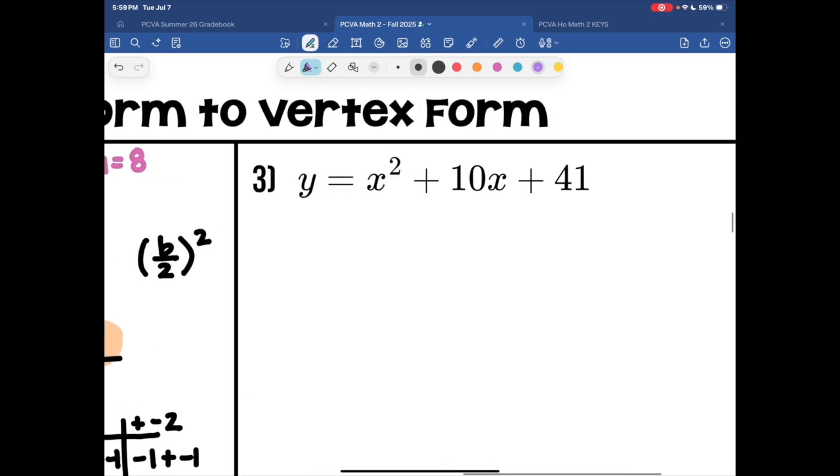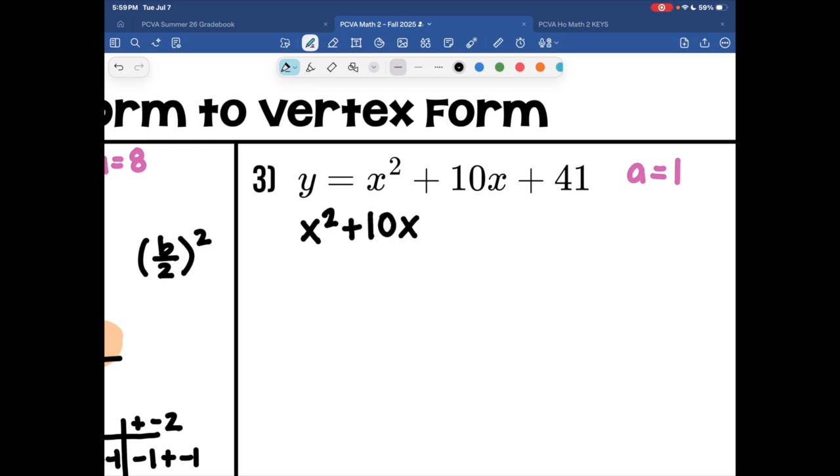All right, so for this one right here, we have x squared equals 10x plus 41. So I'm going to set this up. I have an a value of 1, so I do not need to divide first here. I can go ahead and start rearranging this problem. I do not have to divide that value out, and I do not have to worry about multiplying it back in at the end.